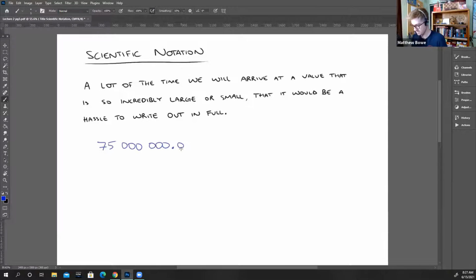We'll say someone measured it to be right here, and it's accurate. Now, scientific notation is a way for you to write this value down without having to put in all of these zeros over and over again. Maybe you're carrying these through all of these steps, and it could be a real hassle.